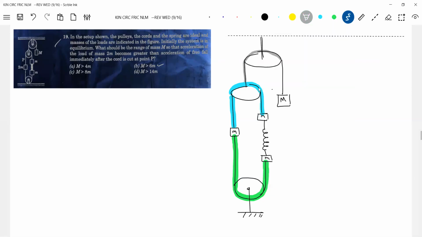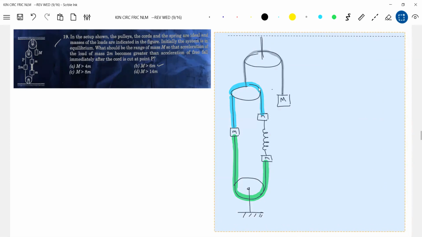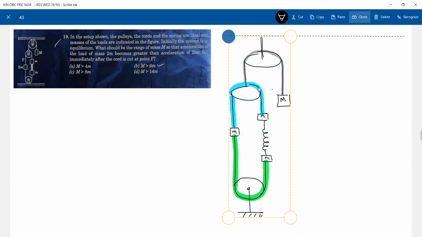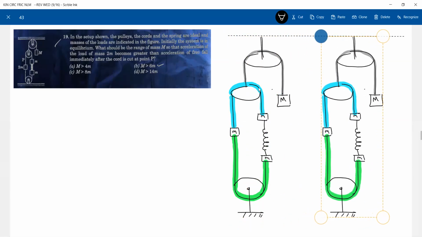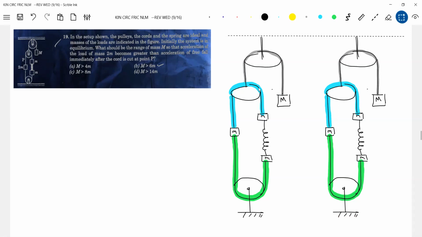First, initially get all the forces acting. So let's concentrate on the first diagram. It'll be easy for us. First, we'll get it.